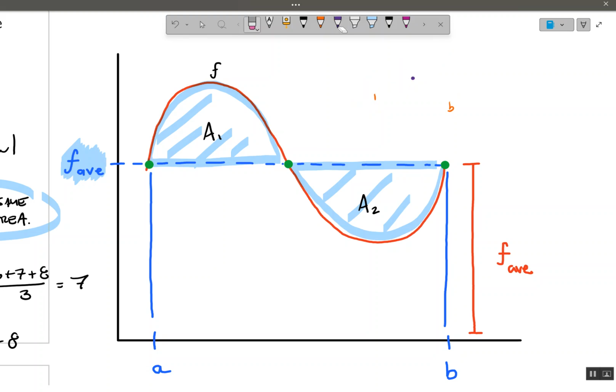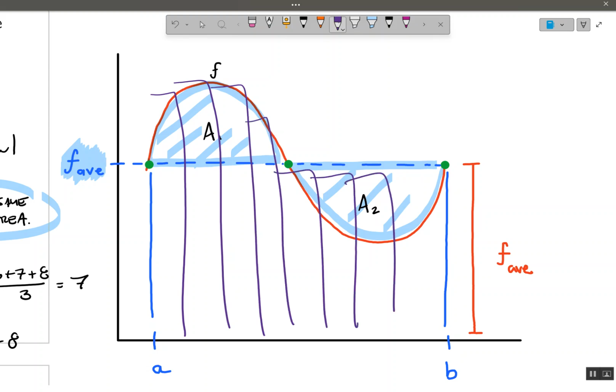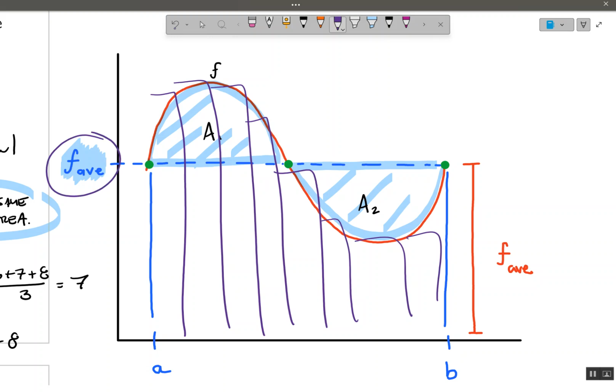The point here is that if I were to replace the height of all of the rectangles in my Riemann sum, let's say my rectangles look something like this, like this, with this number, then I would get the same sum.